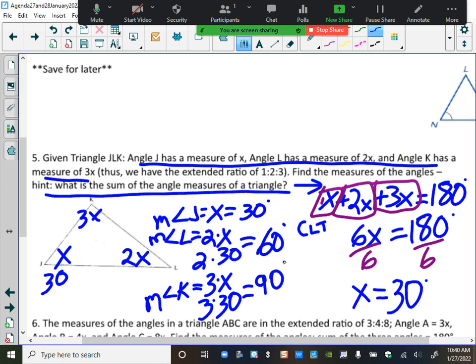And really quick, let's say we had 30, 60, 90. What can we divide all three of these numbers by to get the lowest possible value? What's the biggest possible number?